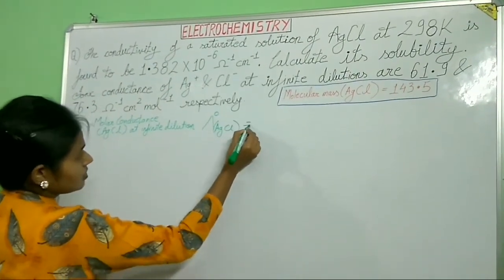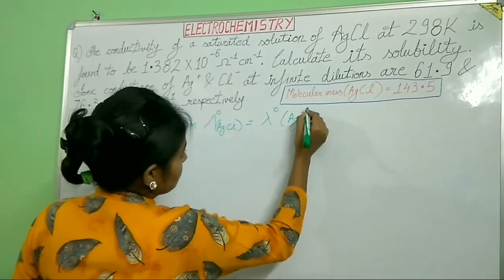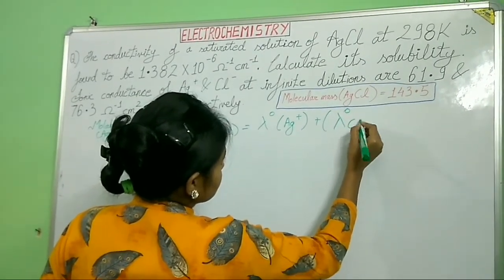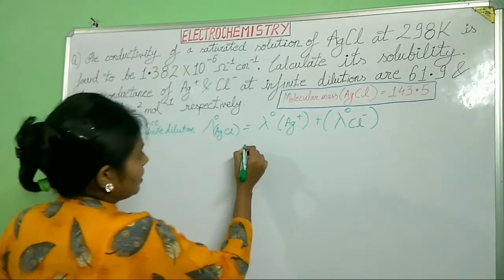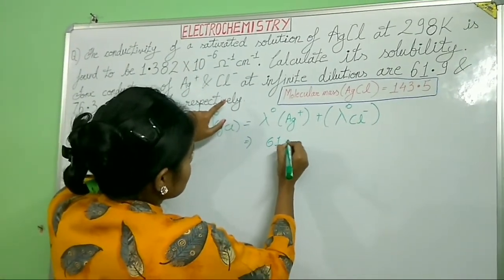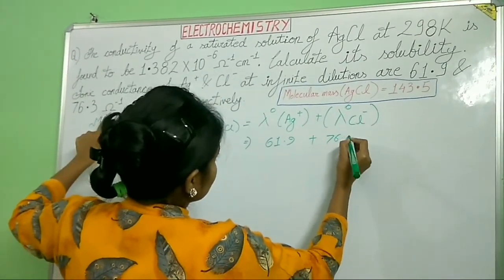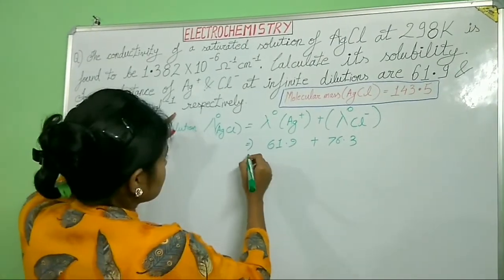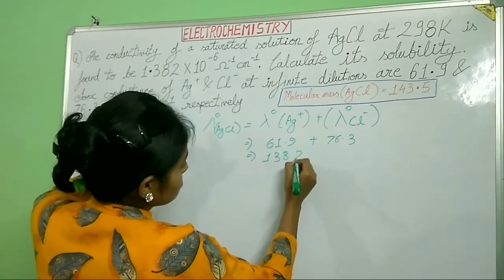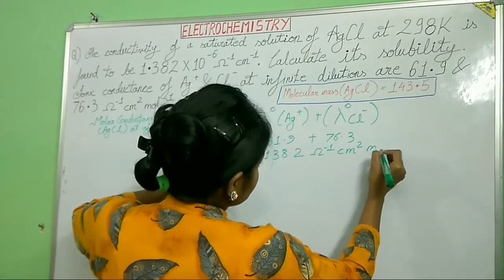That is lambda naught of Ag plus plus lambda naught of Cl minus, right? And lambda naught for Ag plus is given in the question, that is 61.9, plus lambda naught for Cl minus is given, 76.3, and if we add this, what will we get? 138.2 ohm minus 1 centimeter square mole minus 1.